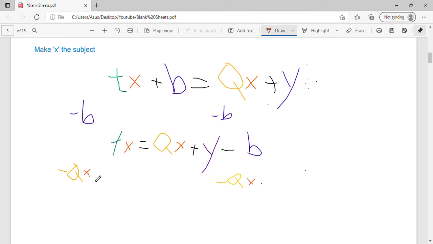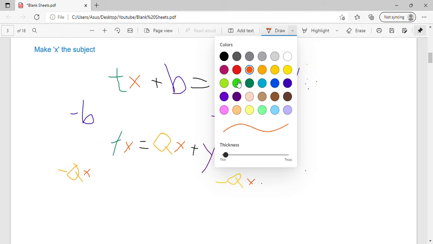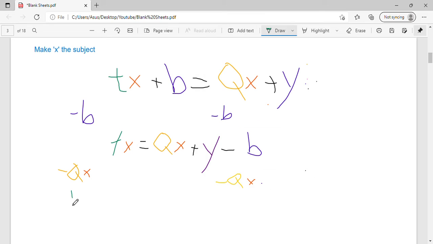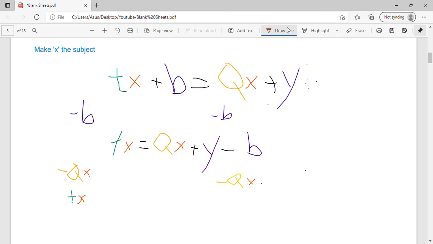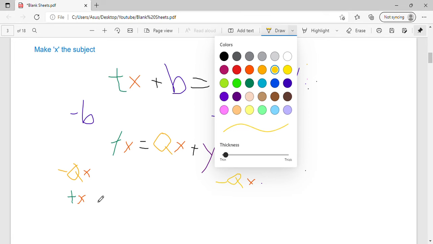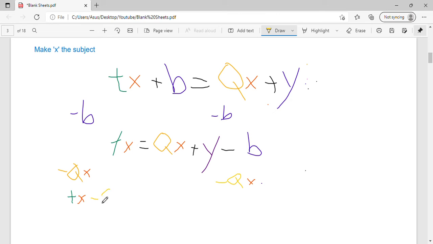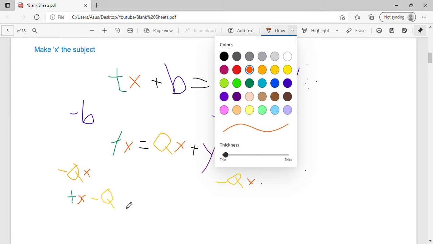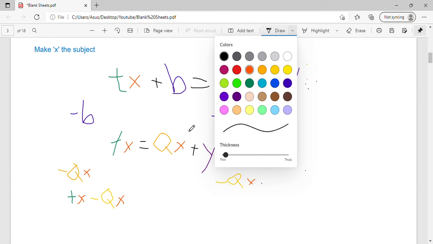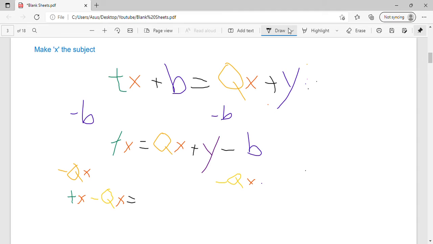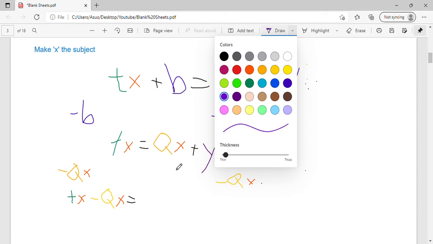Okay, so that's going to give us tx minus qx, and then on one side it's just going to be y minus b.